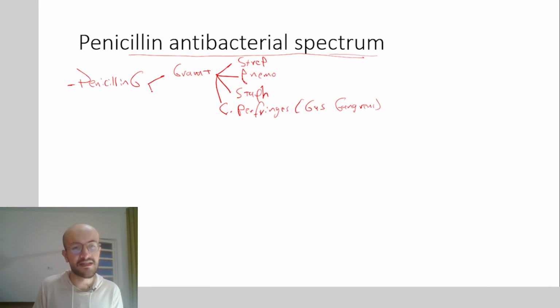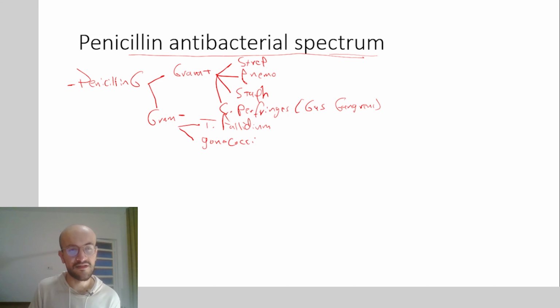From the gram-negatives, penicillin G is active against Treponema pallidum, which causes syphilis, and against the gonococci, which cause gonorrhea.